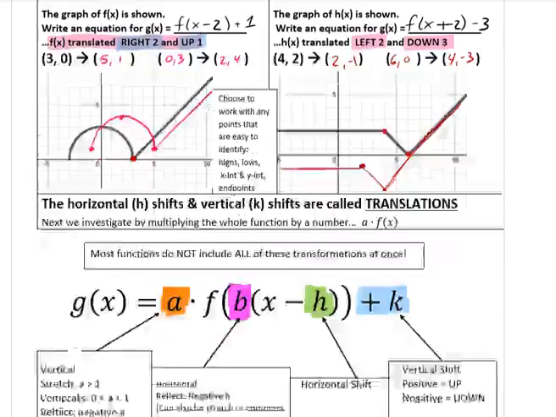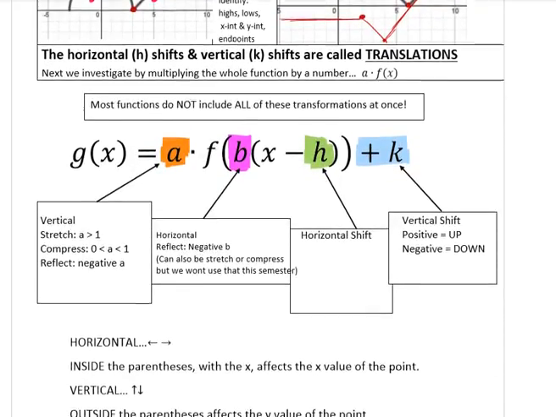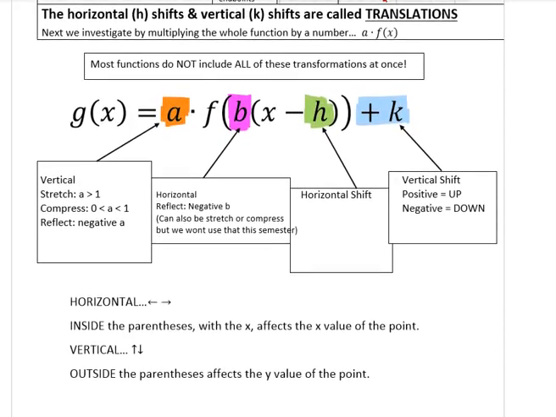Okay, this last part here is something I've already gone over with you. A is your vertical stretch, B is your horizontal stretch or compress. h is your shift or your translate. When you see x minus a number, that means it's going to go to the right. If you see x plus a number, that means it's going to go to the left.